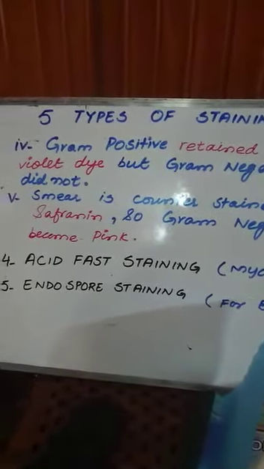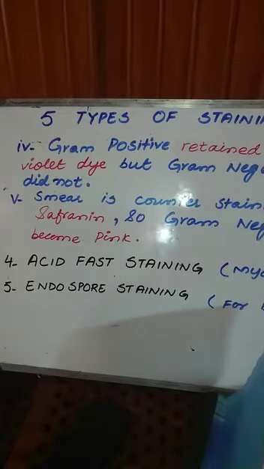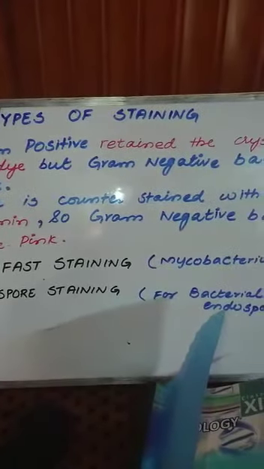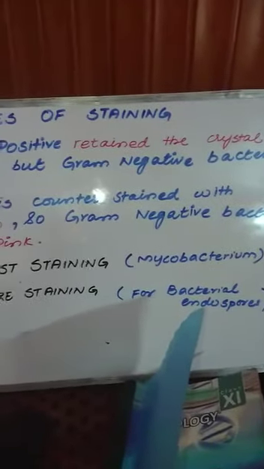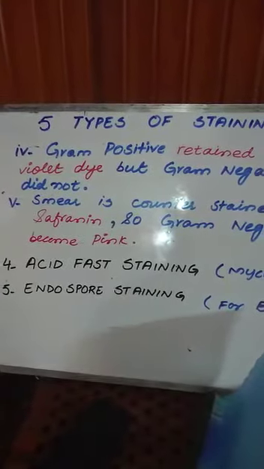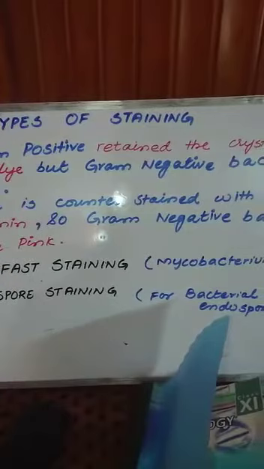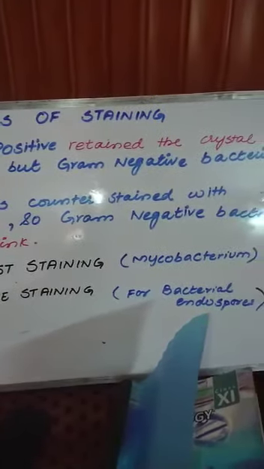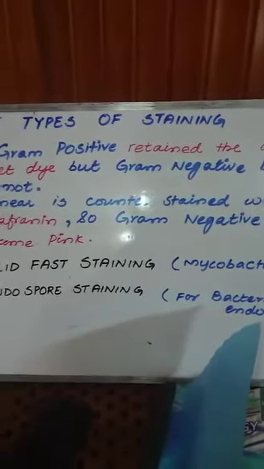As we know, the basic difference lies in the cell wall. Gram-positive bacteria retain the crystal violet dye, but gram-negative bacteria do not. The cell wall of gram-positive bacteria is thick but made up of very simple components, which is why it retains the crystal violet dye.